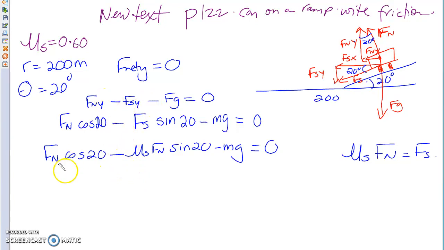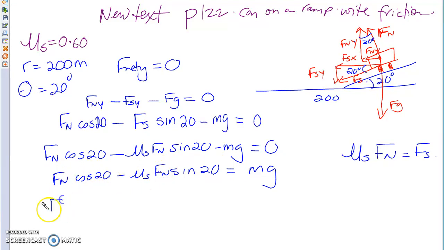Okay? So now we're going to solve for Fn. So what we're going to do is bring this over to the other side, and then you get Fn cos 20 minus mu s sine 20, which equals mg. Now I'm going to take out Fn. Because I have Fn here, I've got Fn here. Does that make sense?